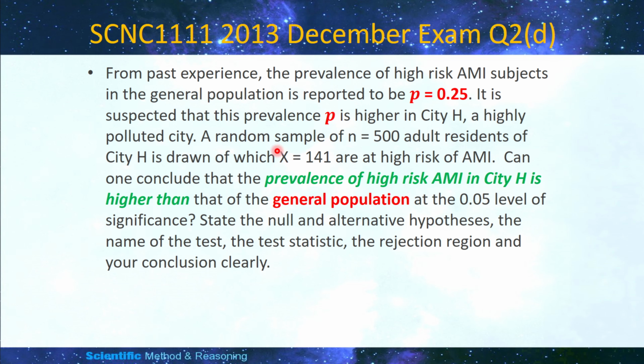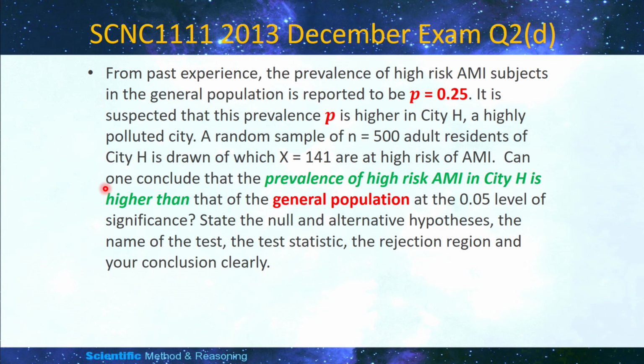To justify this claim, a random sample of n equals 500 adult residents of city H is drawn, of which x equals 141 are at high risk of AMI.